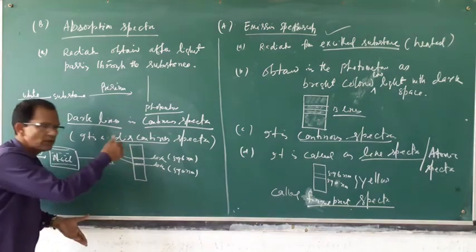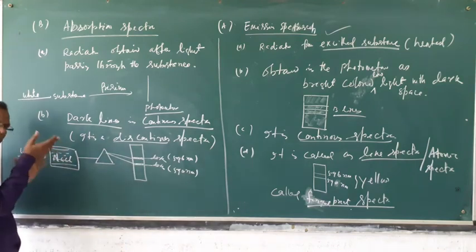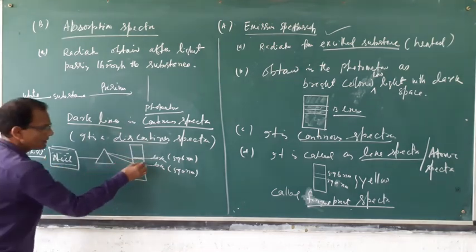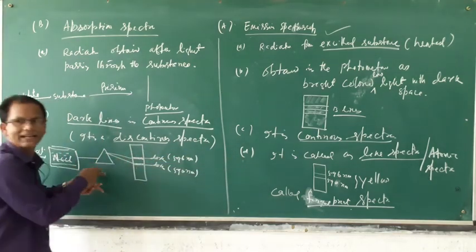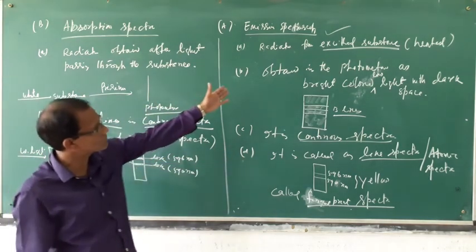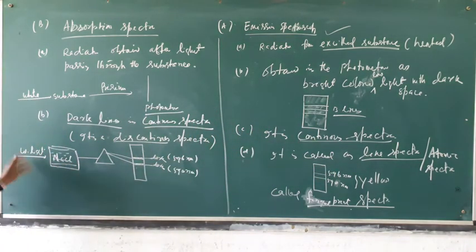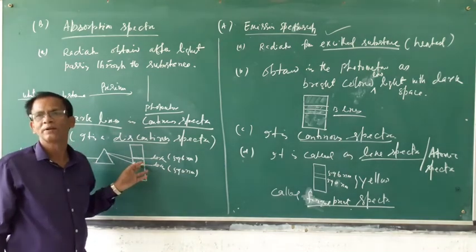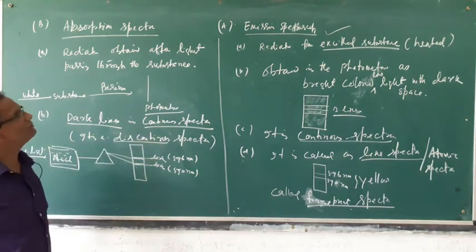From the photographic screen we can know what substances are present in the sample, because the particular wavelength of light is absorbed. This is indirect: there the light is produced and observed directly on the screen, while here the light is absorbed and observed as dark lines. This is the difference between emission and absorption spectra.